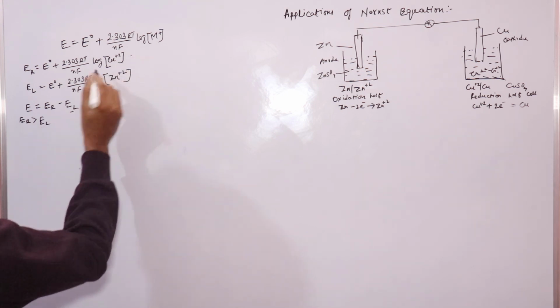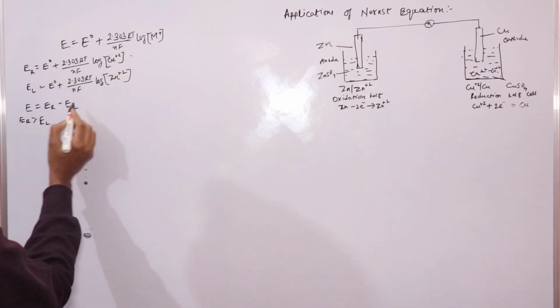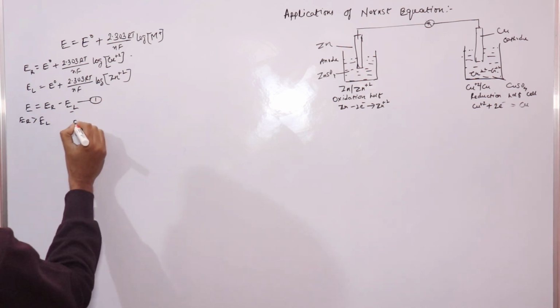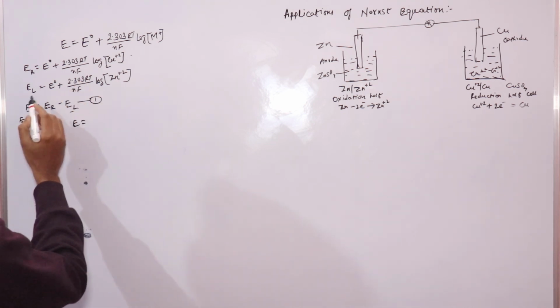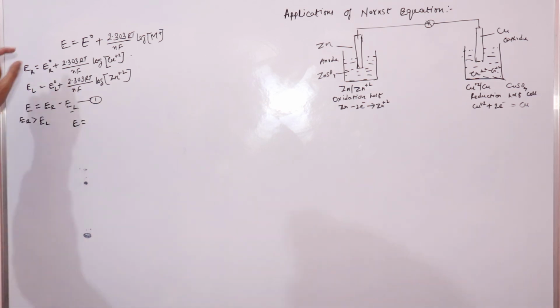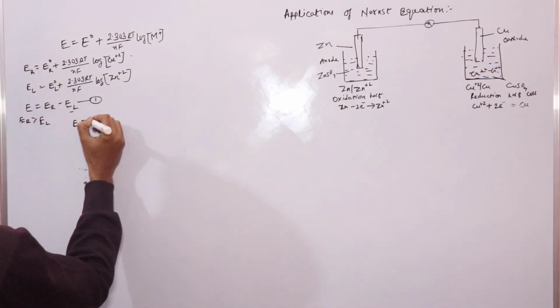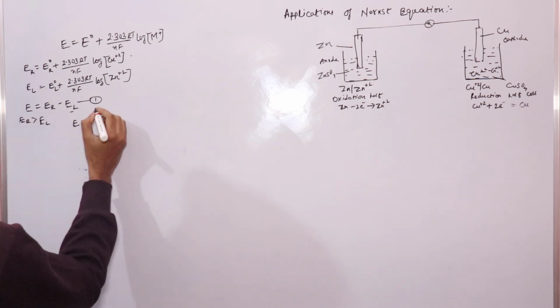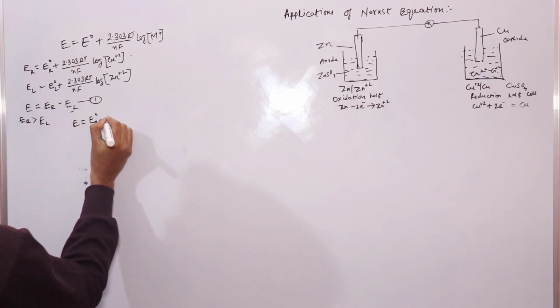Putting the values of ER and EL in the first equation, these are standard reduction potential values which you can get from the electrochemical series. So this would be ER minus EL.